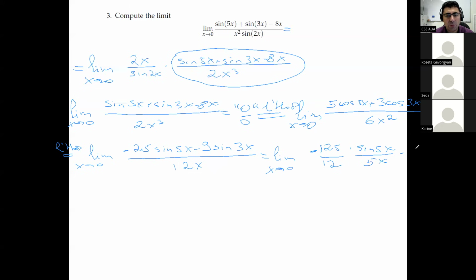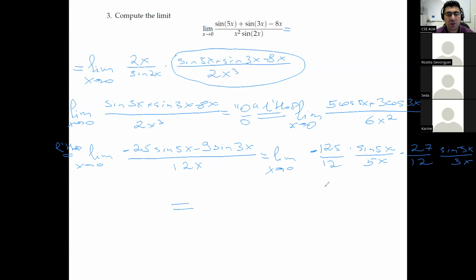Similarly, we'll get minus 27 over 12 times sine 3x over 3x.